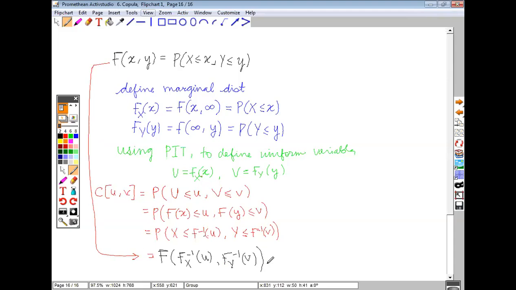So you see what we have now? This is the basic formula for the copula, I would say. What we have derived is C of u, comma, v. Now this is what we'll be using to build these explicit copulas.